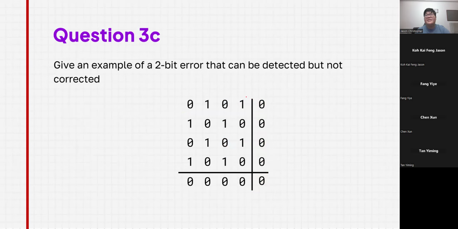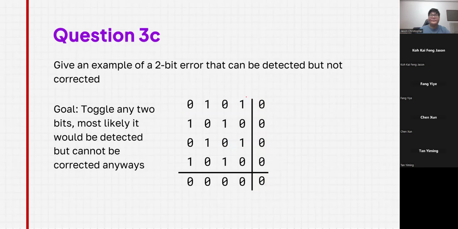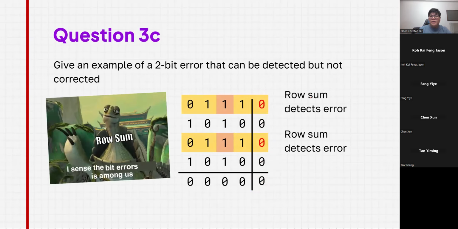Now, what about 2-bit errors? So this one, you can just arbitrarily choose any 2 bits. So for example, I choose 2 bits here. Say these 2 bits I change. Now, the row sum will tell me that the first row is erroneous because these are 3 odd ones, but this one is 0. This one 3 odd ones, this one is 0. But now let's take a look at the column sum.